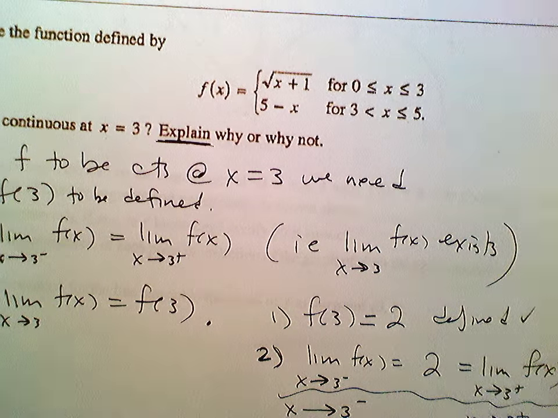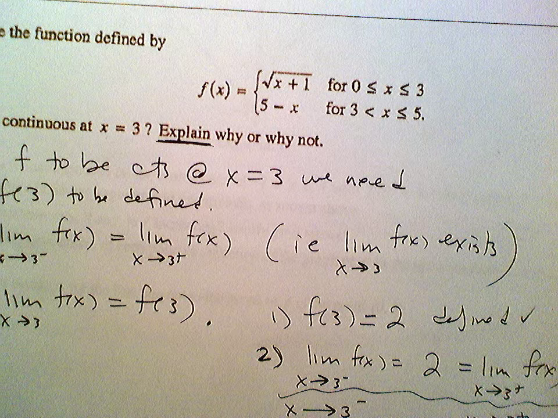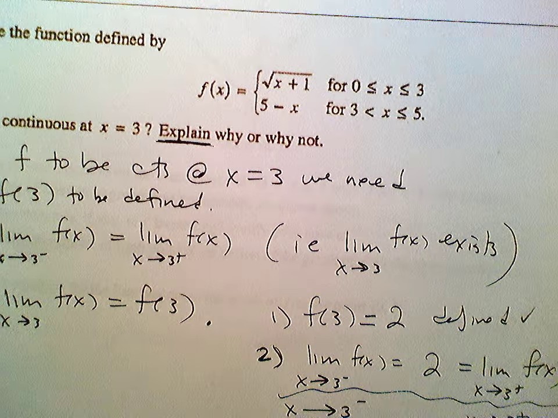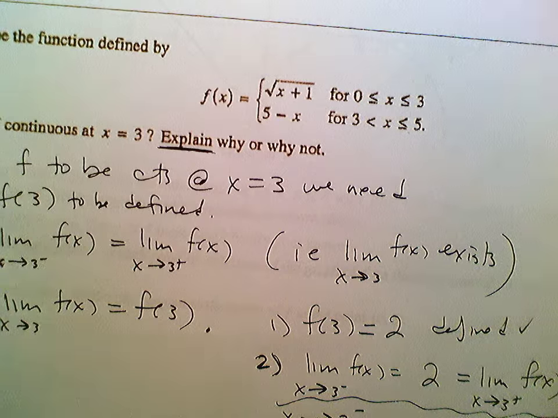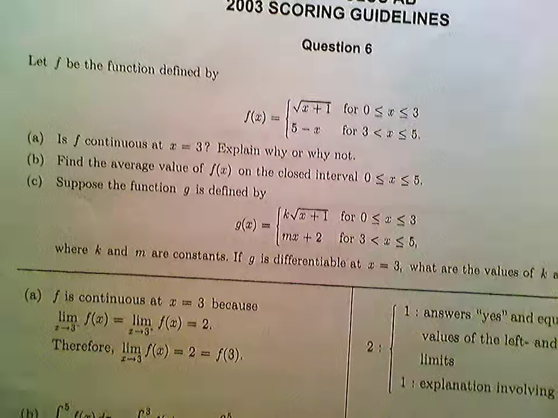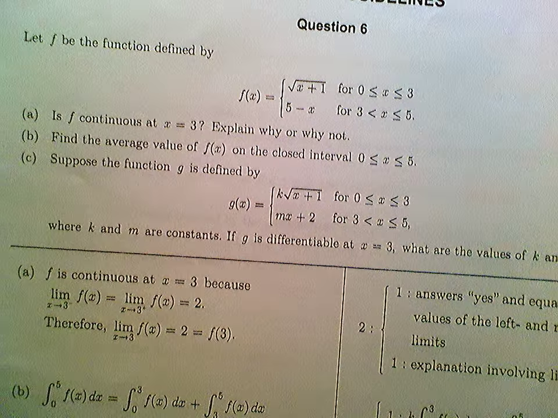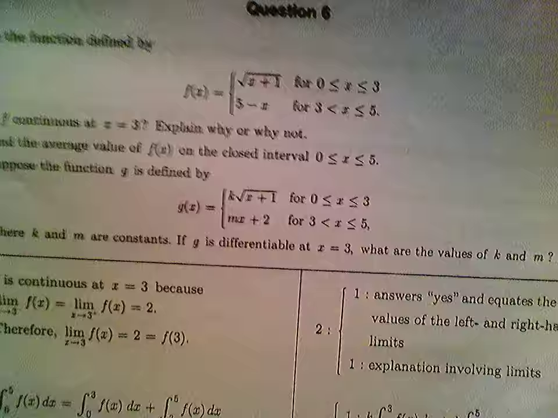Now, actually, I pulled this from a more complicated problem, and I only gave you the first part of it. So we'll do the actual problem at some point, but this was the actual problem right there. There's parts B and C also that look really interesting, so we'll do those at some point.